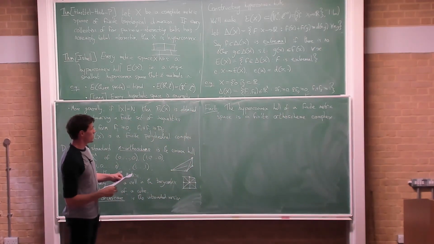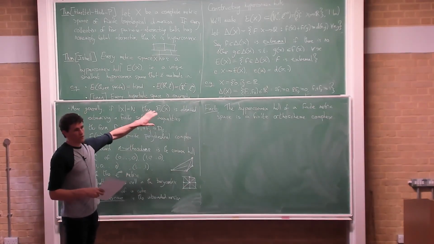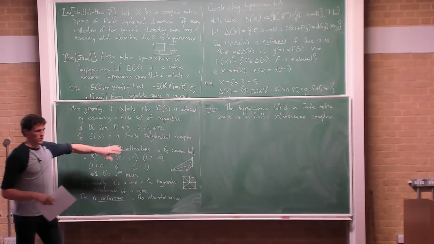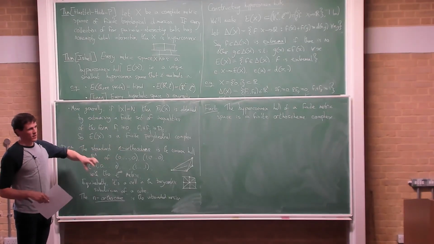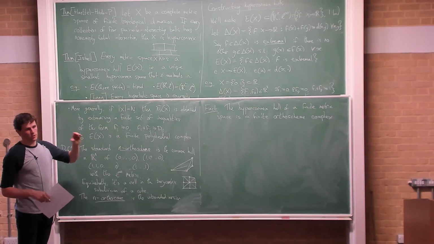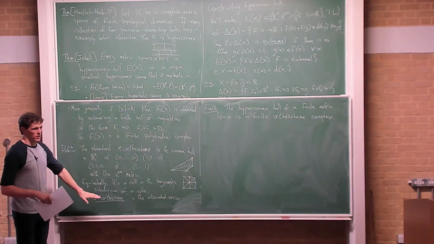So you can think of orthoschemes as being kind of like the building blocks of hyperconvex spaces, in the same way that cubes are the building blocks of cube complexes. These are kind of the minimal piece.